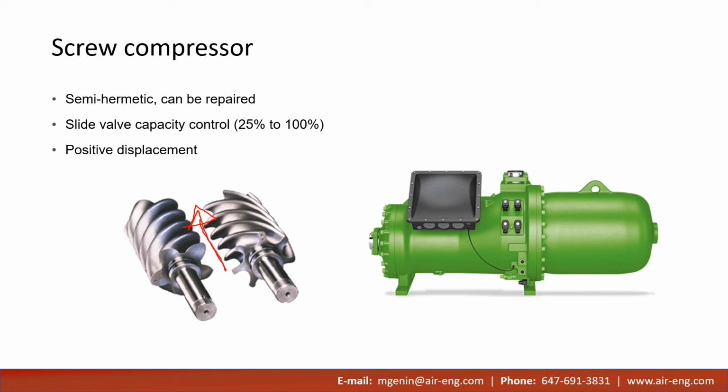Typically, they are a semi-hermetic design with the motor being located internally to the compressor. Most of the time, these compressors are available in medium applications, larger than 80 tons of cooling from a single compressor. And like the other compressors we talked about, they are also positive displacement.